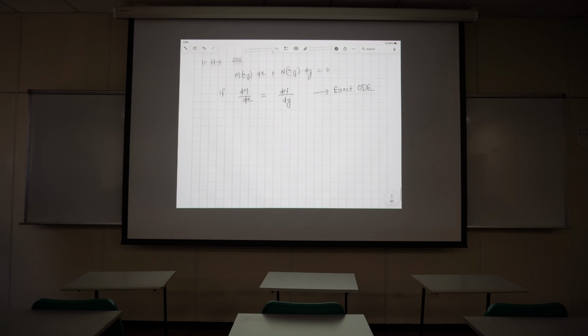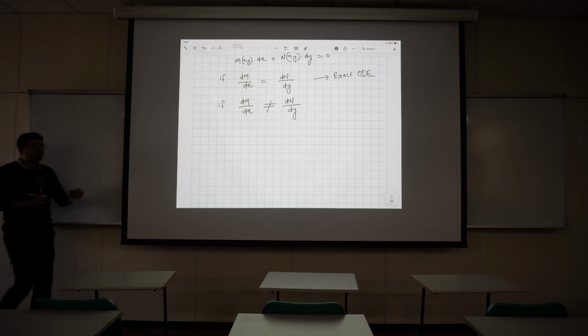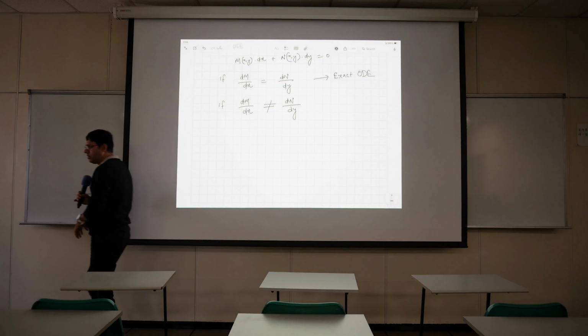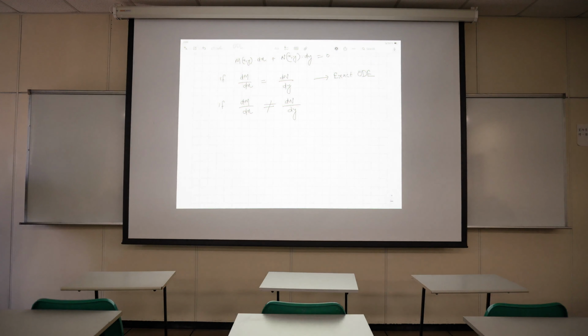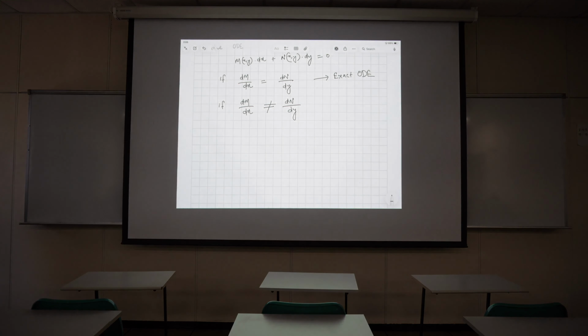Now, if dM by dx is not equal to dN by dy, if they are not equal. Oh yeah, sorry, it's a mistake.